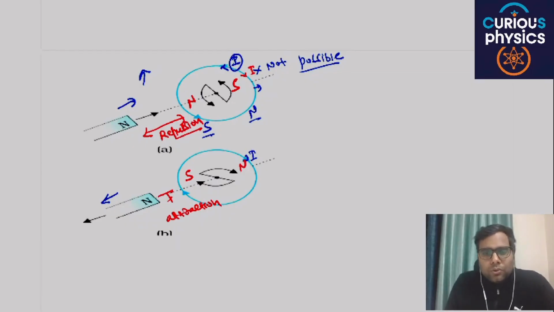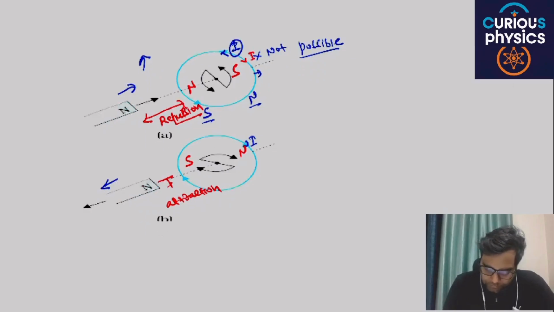Because according to Joule's heating effect, heat is equal to I square R T, or we have discussed the concept of power in chapter 3, VI or I square R. Are you able to understand the basic idea or not?